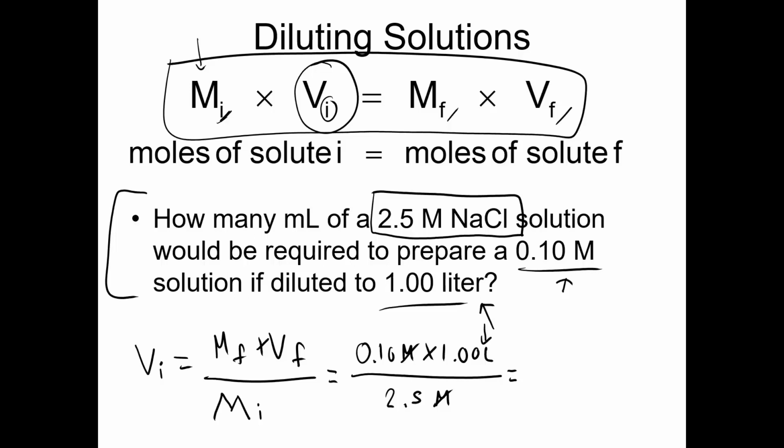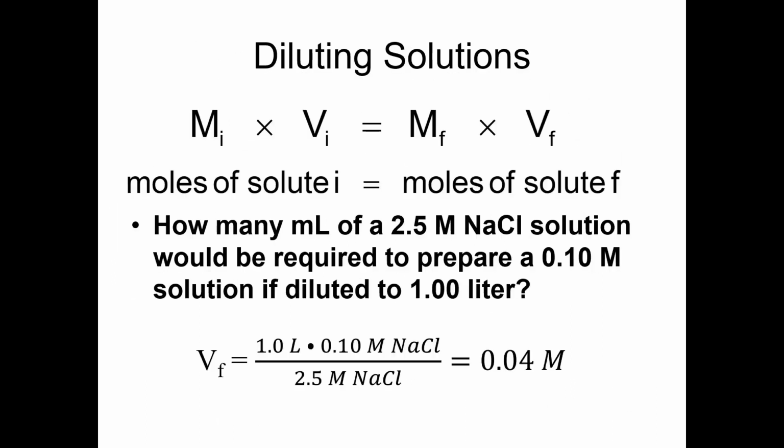And what I get is, when I put that in, I get 0.040 liters of stock solution. And if I convert that to milliliters, of course, that's going to be 40 milliliters. Here, that's the solution.